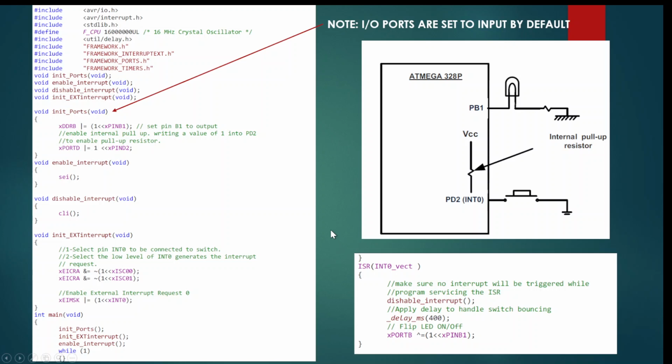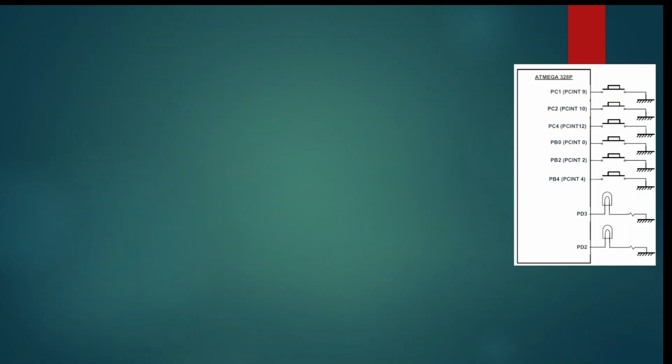So let's go to another example. This time we're going to hook this up to PCINT port 9, port 10, and port 12. That's the C port interrupt.